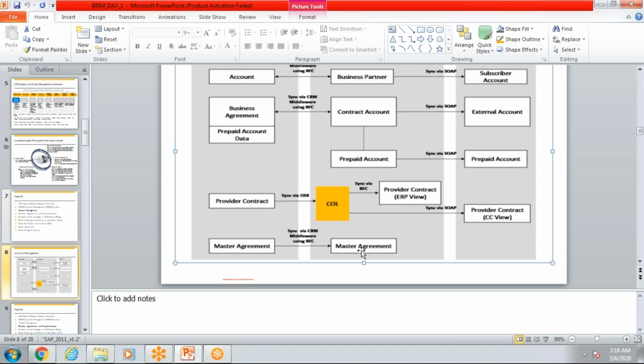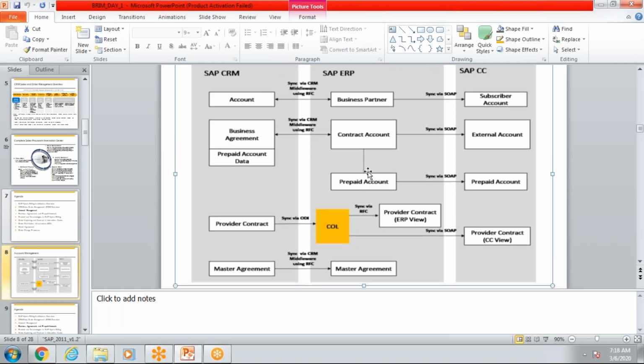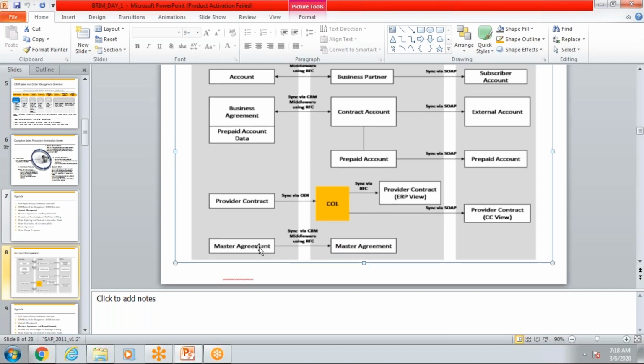So if they tie up with some big entity, then they will get decent business, so that they can agree upon certain conditions based upon discounts or any special terms or special offers. So the master agreements will be created in CRM as well as ECC systems. We'll discuss master agreement more clearly at the end of this session.